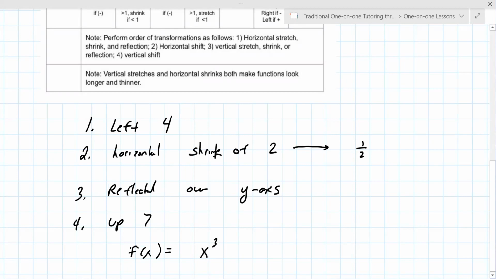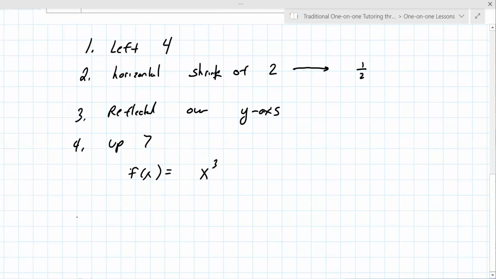Okay. So do you want to give that a try first? Or do you want me to go through this one? Could you go through it, please? Absolutely. So here's what left 4 looks like. It becomes x plus 4 cubed.